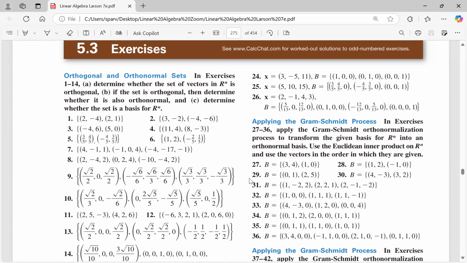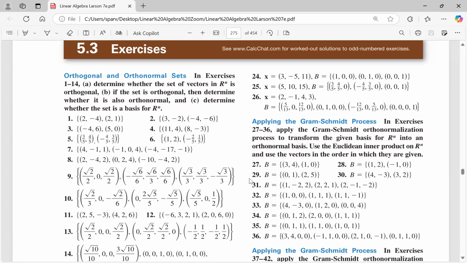Okay. So first, in this segment of the exercises, part A, the question reads, determine whether the set of vectors is orthogonal. I'm going to write this in my notepad, section 5.3, exercise number 10. And for number 10, by the way, let me write the vectors.